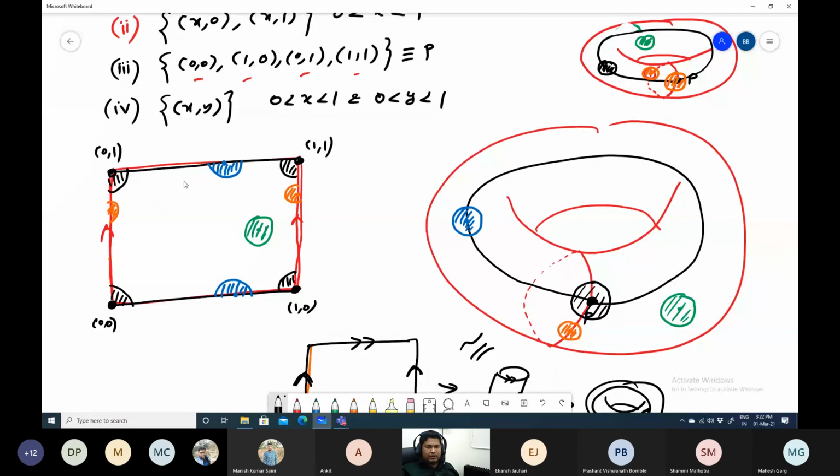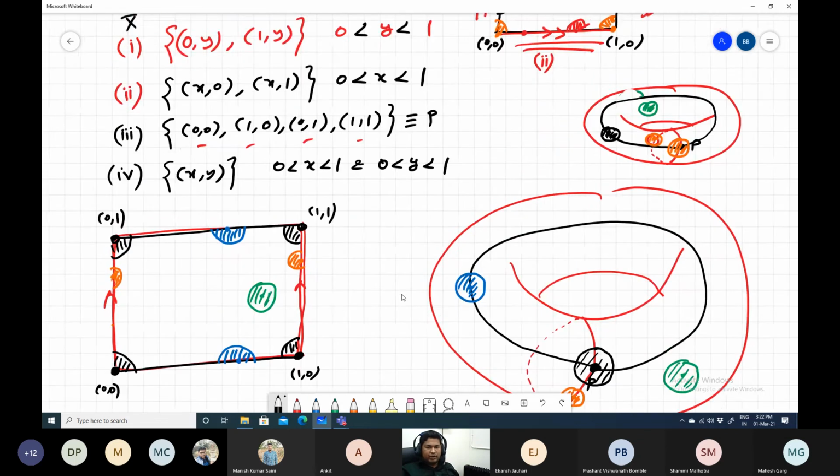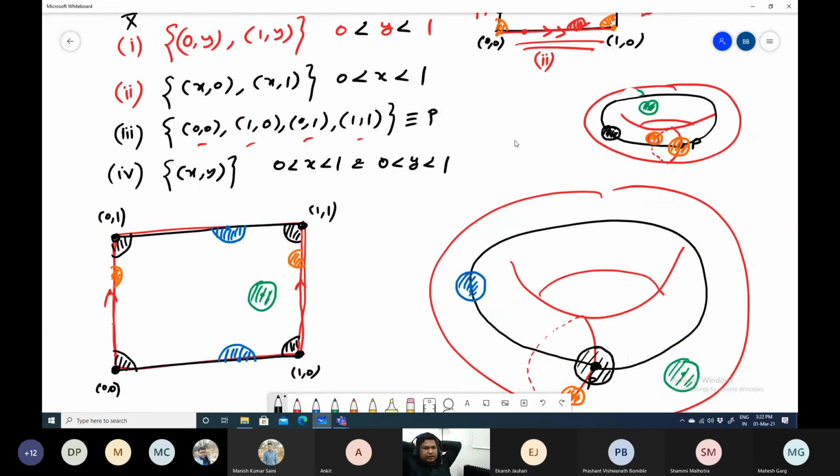When we identify the red one, then (0,1) and (1,1) are identified, and when we put that black one, then (0,1) and (0,0) are identified, and (1,1) and (1,0) are identified. So these four points come actually automatically.